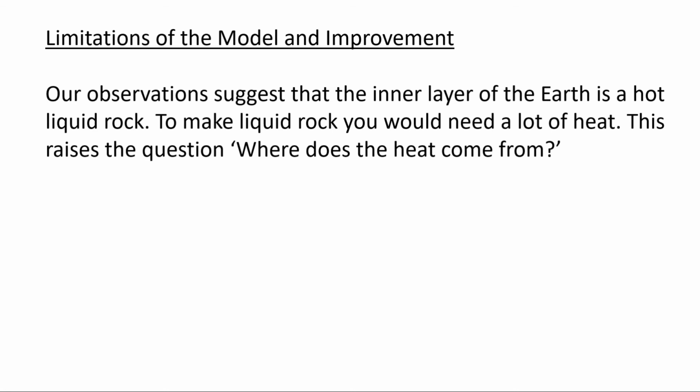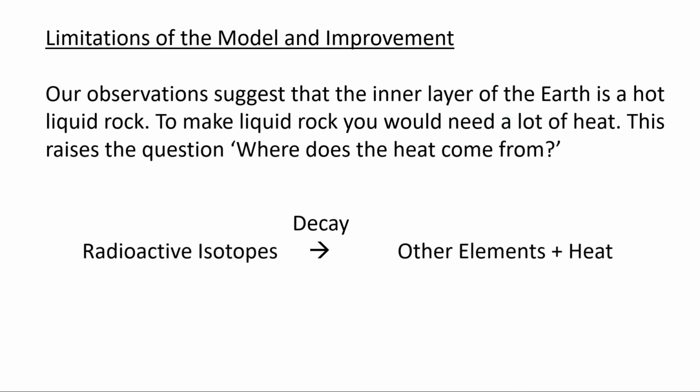However, again, there's a limitation to this model, and we're saying that the mantle layer is hot liquid rock. To make liquid rock, you would need a lot of heat, and where does that heat come from? Well, we can use the information that radioactive isotopes, when they decay, produce other elements and heat.